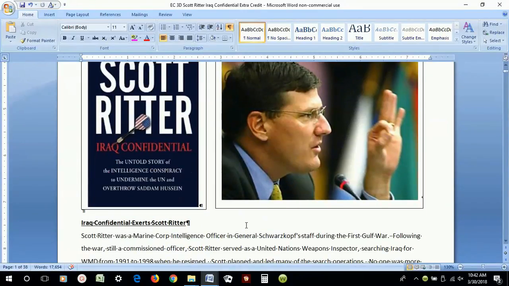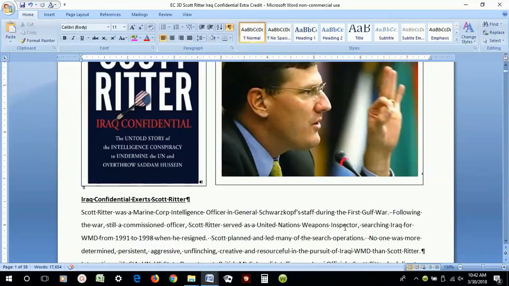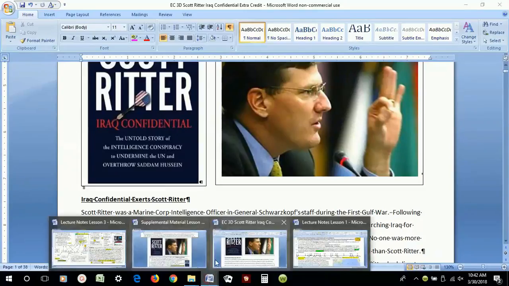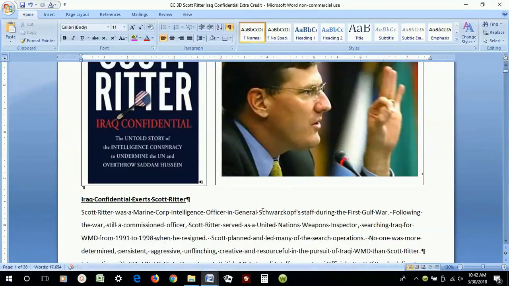He was an intelligence officer on General Schwarzkopf's staff during the first Gulf War. Following this, while still commissioned as an officer, Scott Ritter served as a United States weapons inspector, searching for WMD in Iraq between 1991 and 1998, right? And he says a whole slew of stuff about how corrupt it all was.